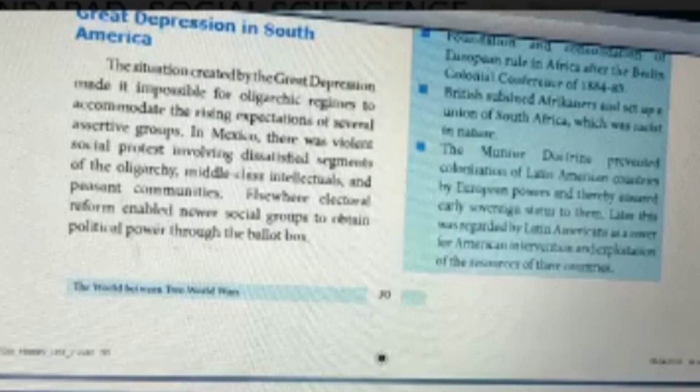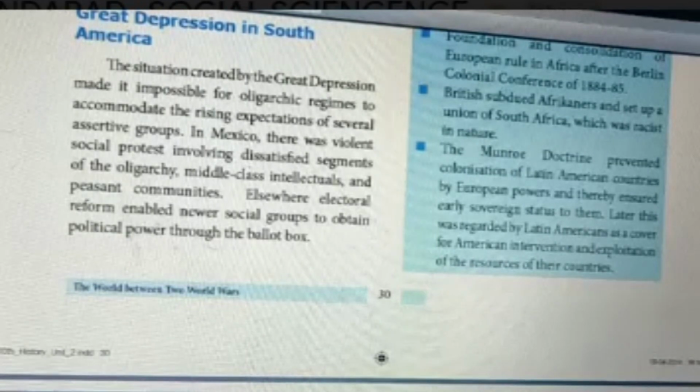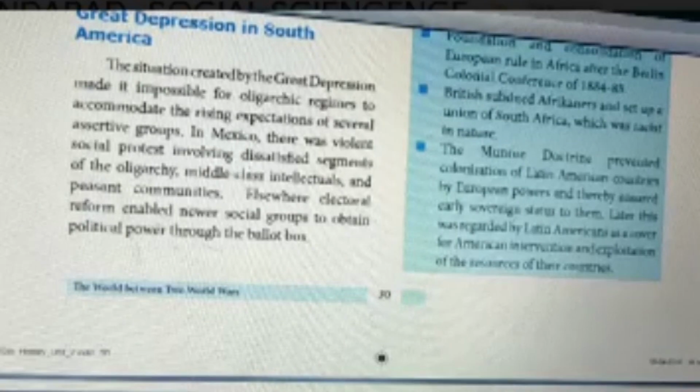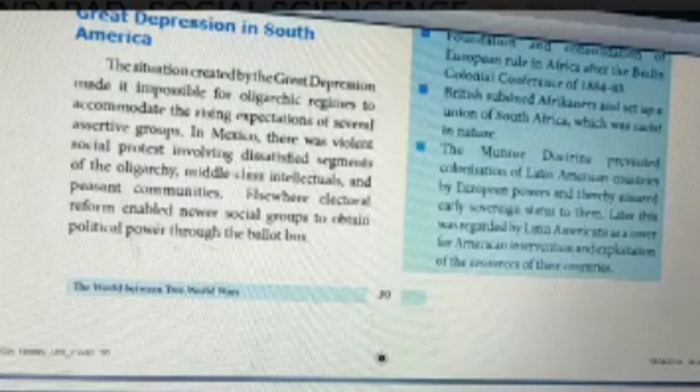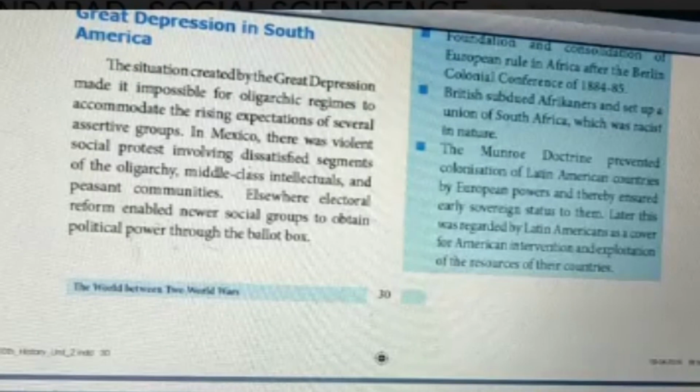At this time, the people asked for liberty, and then started to ask for electoral reform, the ballot box. So the presidential election came in 1932.